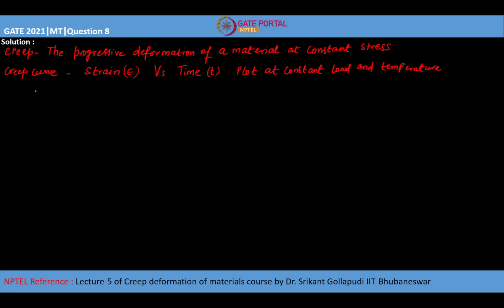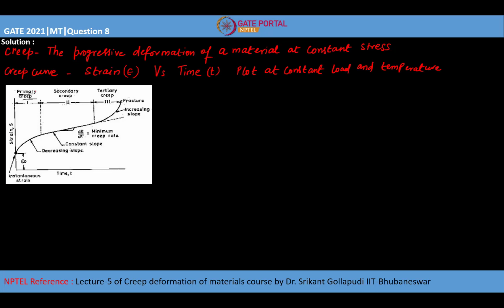A creep curve will typically look like this. It starts with an initial rapid elongation with the magnitude ε0, and then it goes stage by stage.